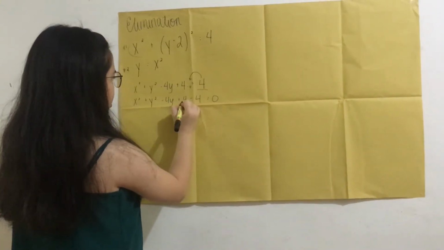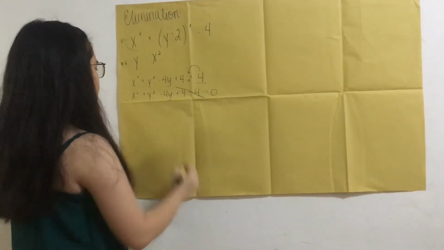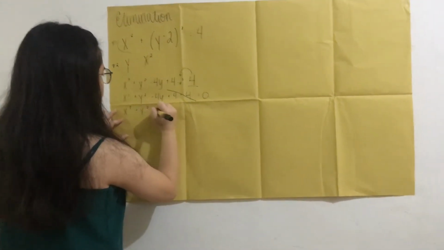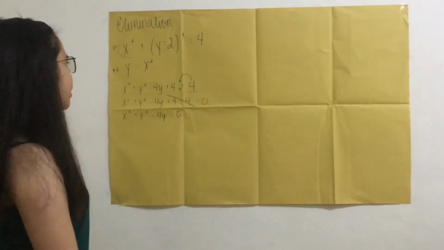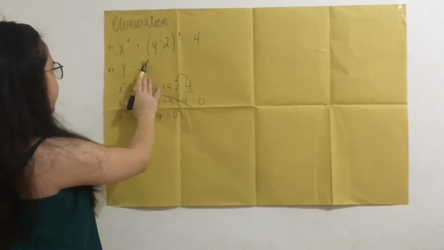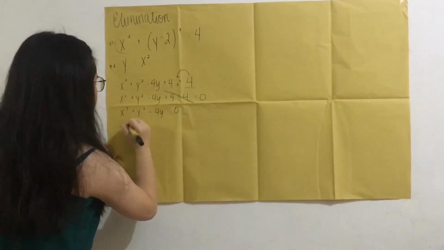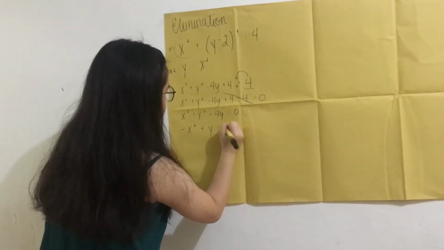So this positive 4 and negative 4 are cancelled. x squared plus y squared minus 4y equals 0. Then for equation number 2, the x squared here should be transposed here. So it will become negative x squared plus y equals 0.